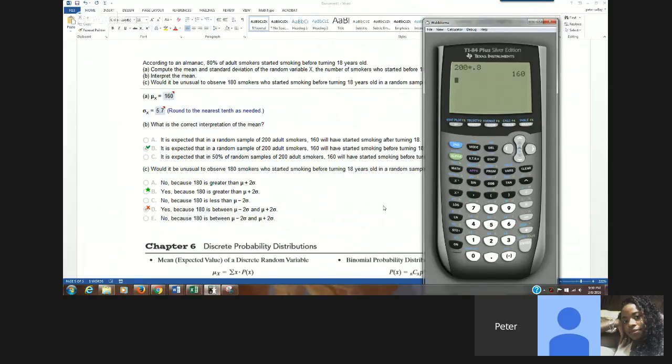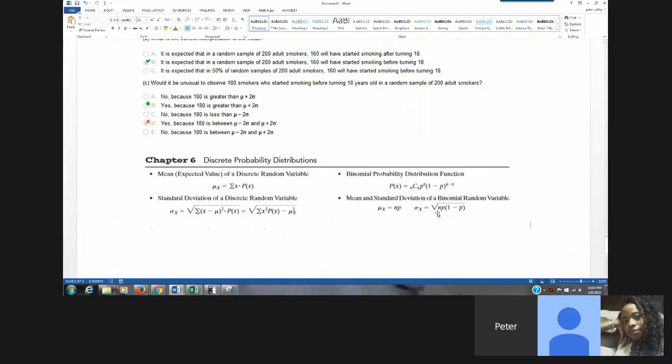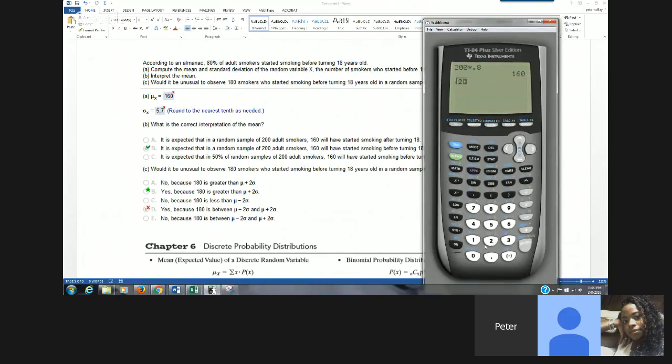And then as far as the standard deviation goes, the formula says to take the square root of n times p times 1 minus p.